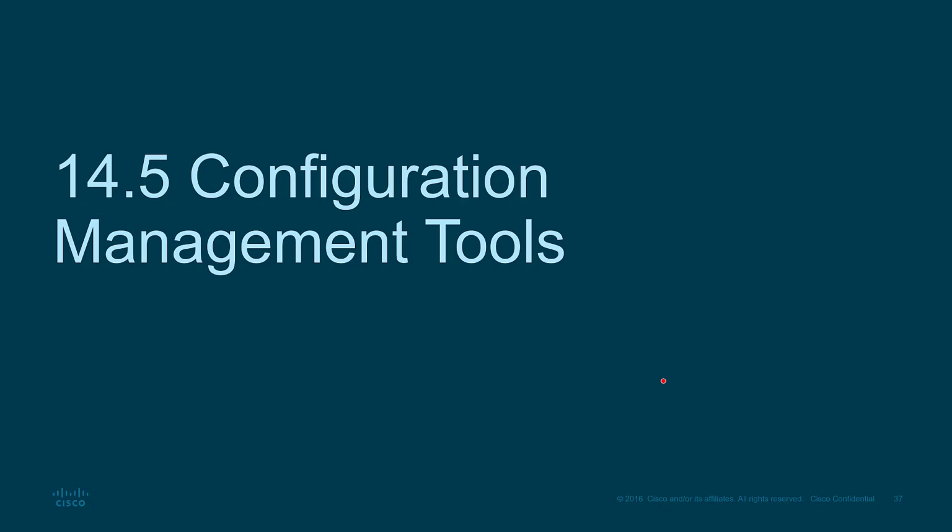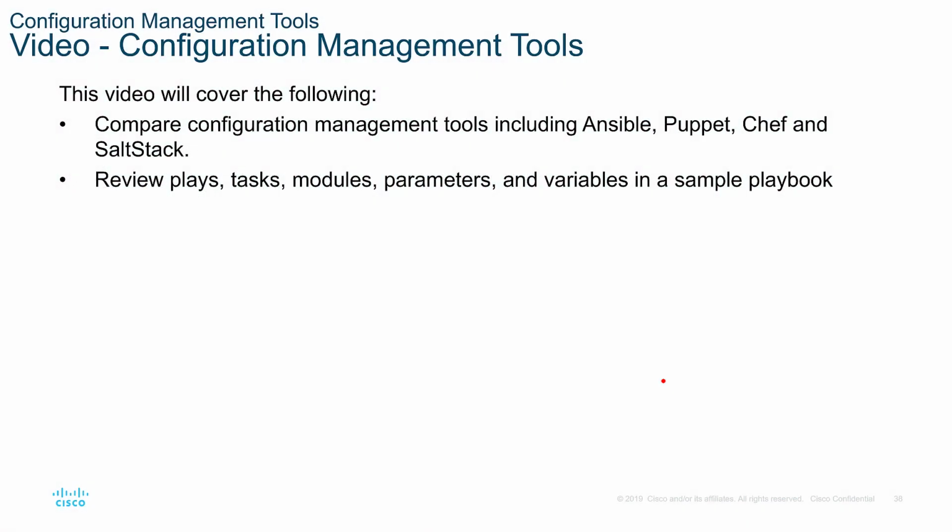Our next major section is configuring the management tools. We have a video covering the management tool section in our core shell, that's going to be things like SaltStack, Ansible, Puppet, and Chef. These you do want to do separate readings on, because you are going to be asked questions about these on our CCNA exam.